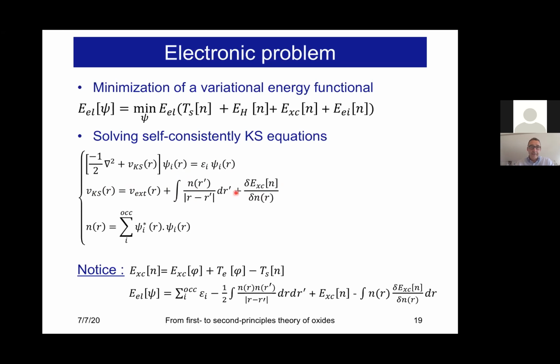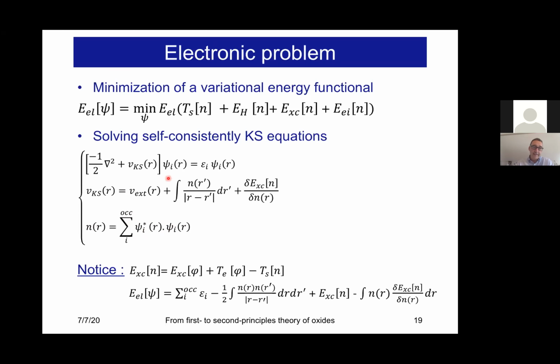And you see that here you need to solve an equation where the potential depends, in fact, on the density, which itself depends on the wave function, so that typically when you want to solve this problem, you need to solve these 3 sets of equations self-consistently. You start from a given arbitrary wave function that provides you the density.